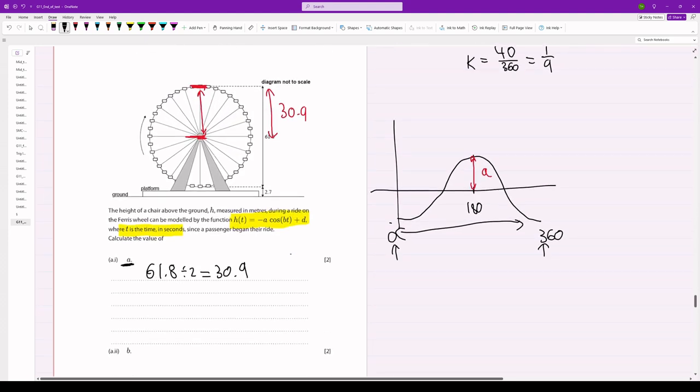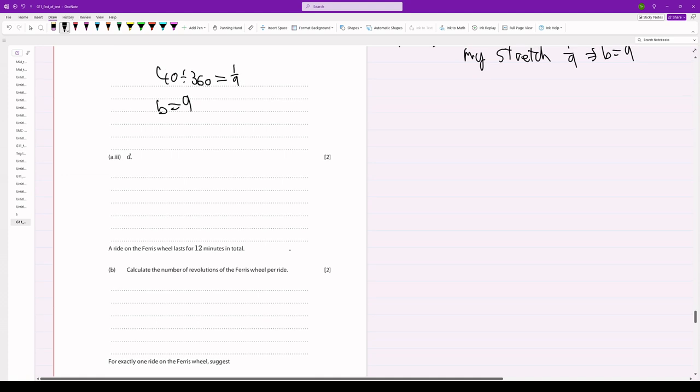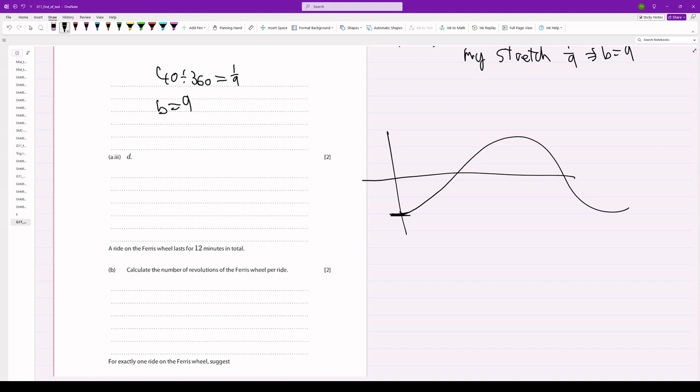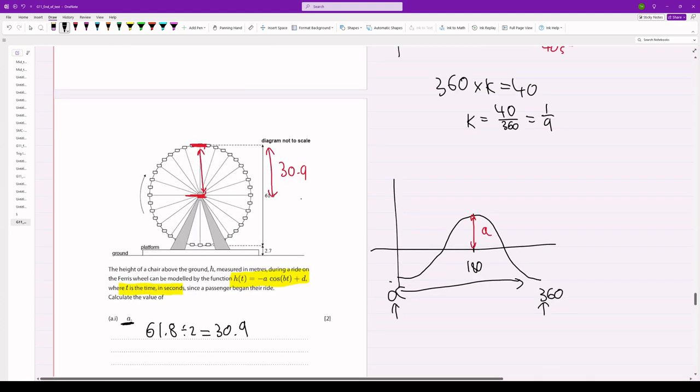D's going to be, let's have another look at the cosine graph. So usually cosine goes from -1 to 0 to 1, and everything is exactly around 0. My Ferris wheel is not around 0. My Ferris wheel is around some other point. This is the middle point of all the up and down motion.